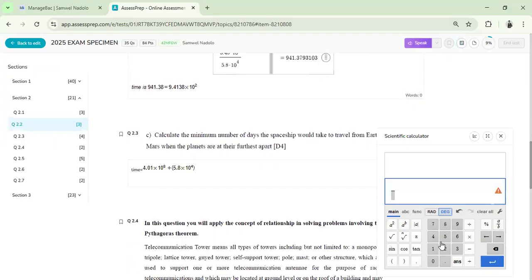Then you're going to write 4.01 times 10 raised to 8, then divided by 5.8 times 10 raised to 4.